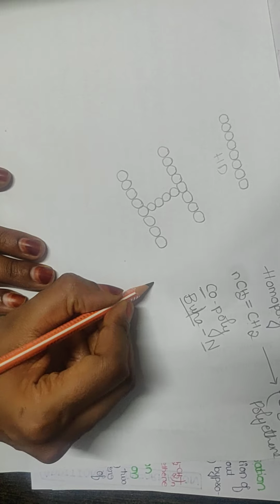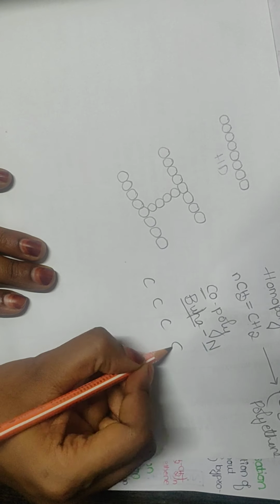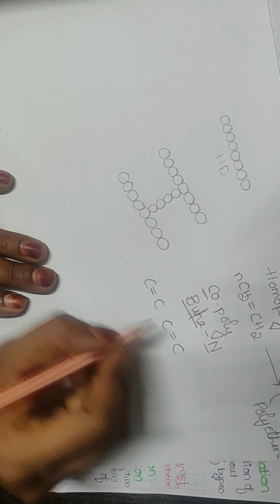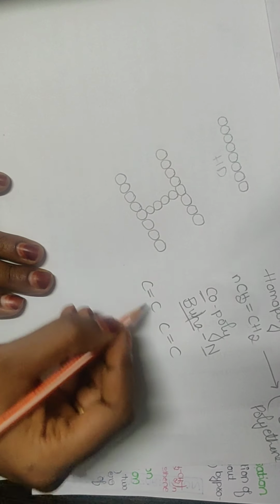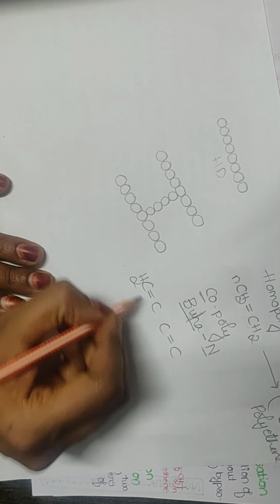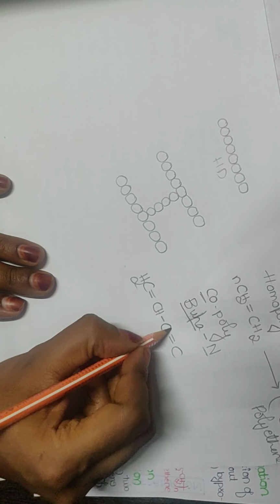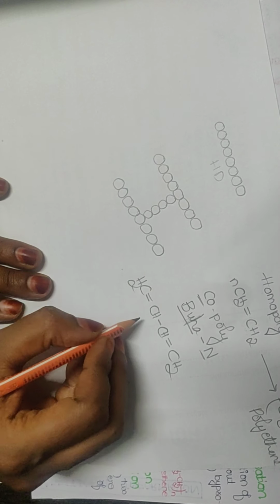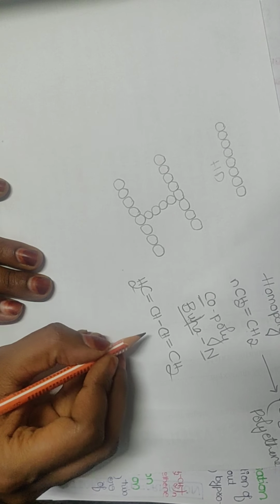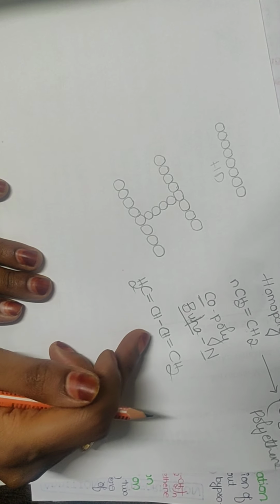So here butadiene, refer, it has 4 carbon atoms. Diene, refer, it is having 2 double bonds. So the rest you can fill with valency. So here it is CH2, CH, again CH, here CH2. So this is called as butadiene. To be more specific, it is called as 1,3 butadiene.